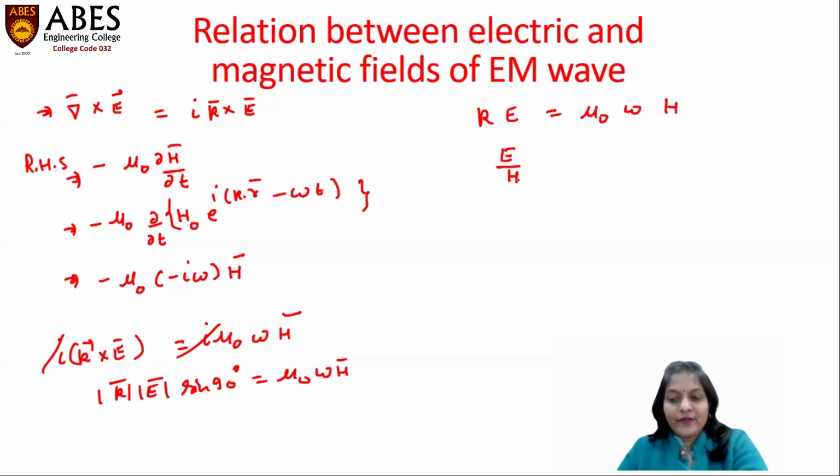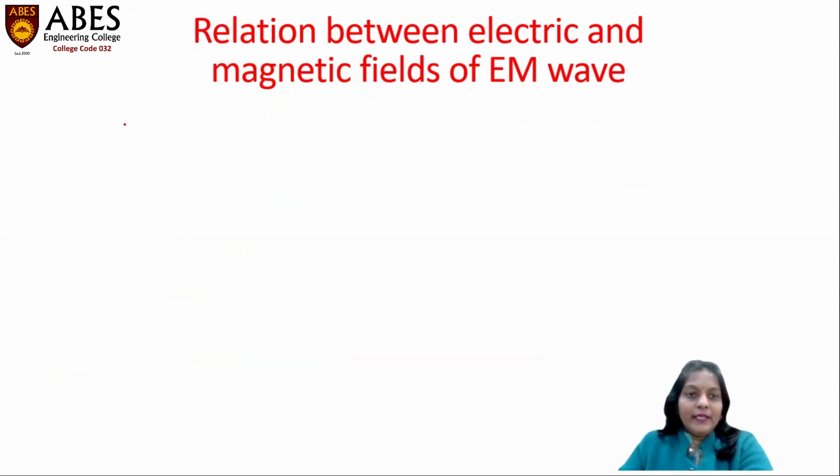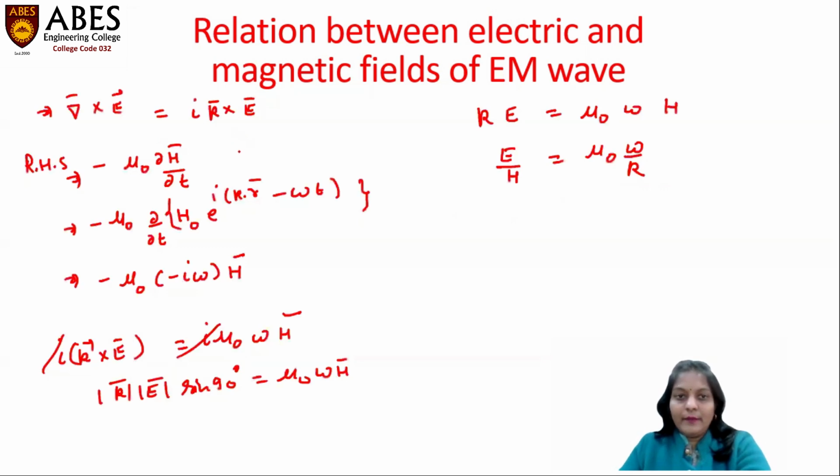The ratio of electric field vector to the magnetic field vector is equal to mu naught ω by k. And we know that ω by k is the velocity. So what is E by H? E by H is equal to mu naught ω by k.